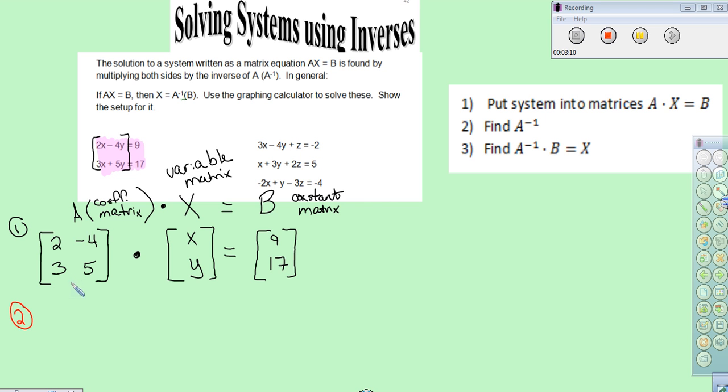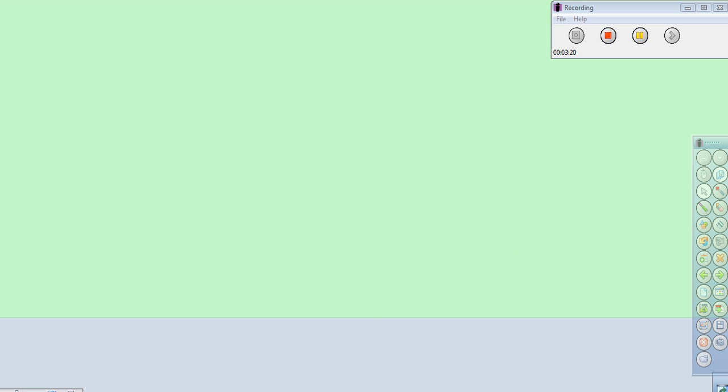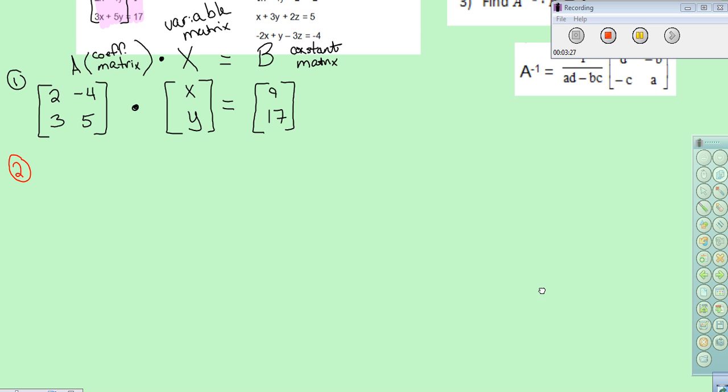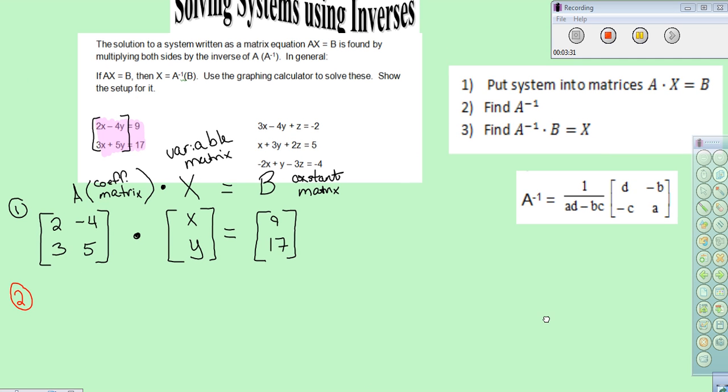So we use our formula for inverse. Recall that the formula for the inverse matrix looks like this right here.